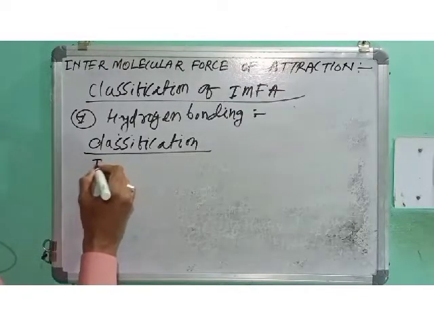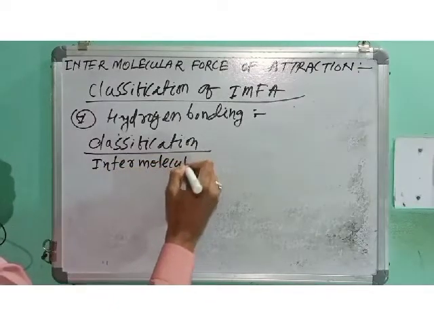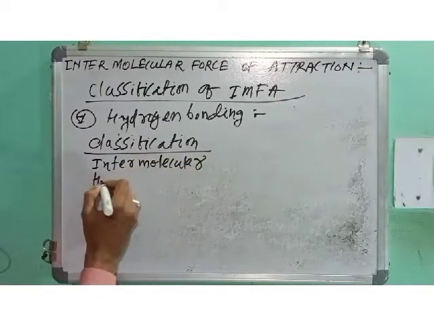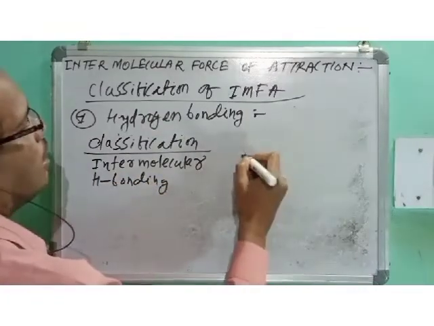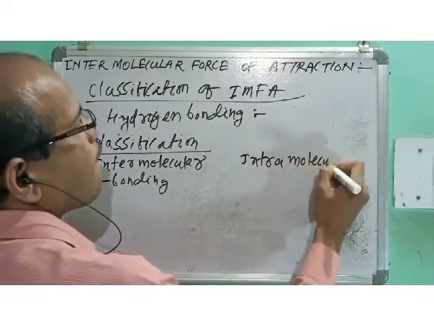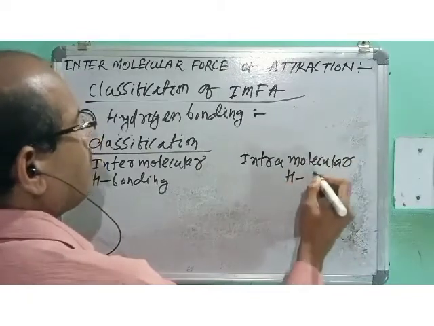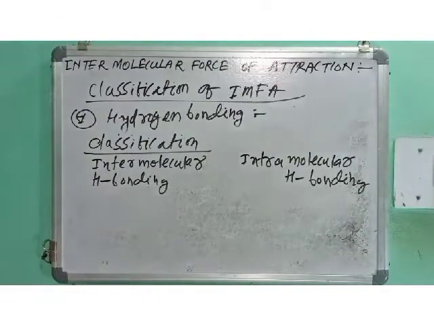One is intermolecular hydrogen bonding, and another is intramolecular hydrogen bonding. Intermolecular hydrogen bonding occurs between two same or different molecules. Two same or different molecules.